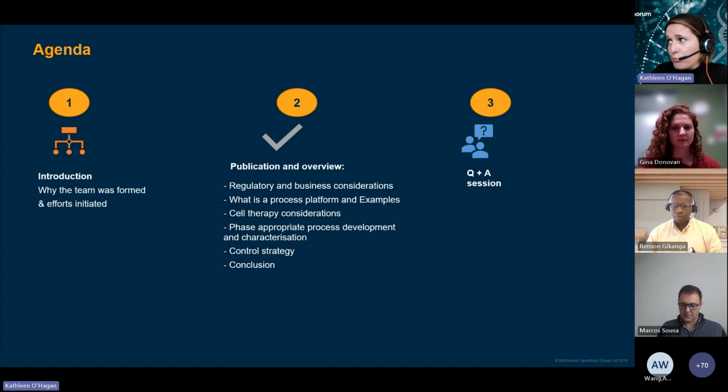We'll then move on to phase-appropriate process development and characterization, and then the control strategy. Then we will close the presentation, time permitting, by allowing the three presenters to share their thoughts on what the future looks like in this area and potential next steps.